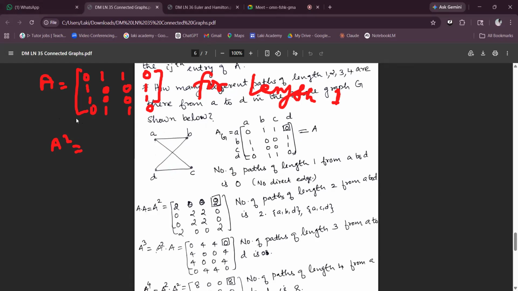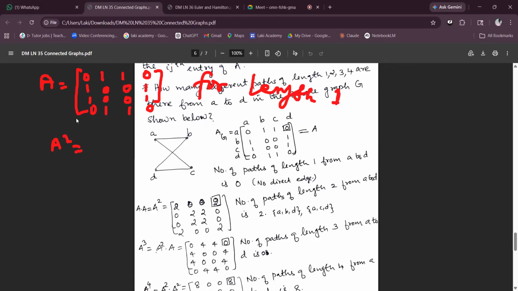This is called number of paths. You can note this. So we'll be needing to find A1, A2, A3, A4.